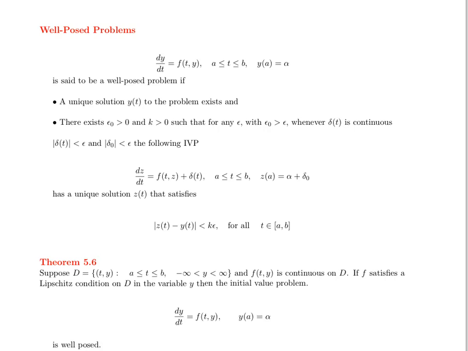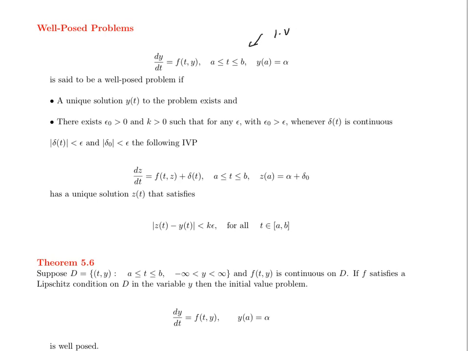Let's talk about well-posed problems now. So an initial value problem like this one is called well-posed if it has a unique solution, and we already have a way to check that.